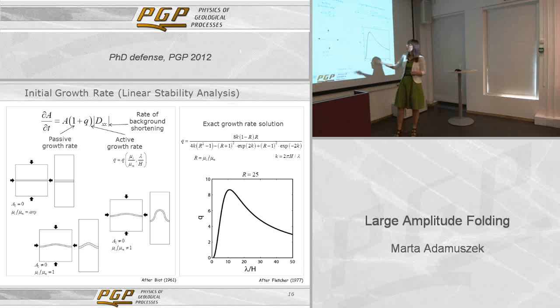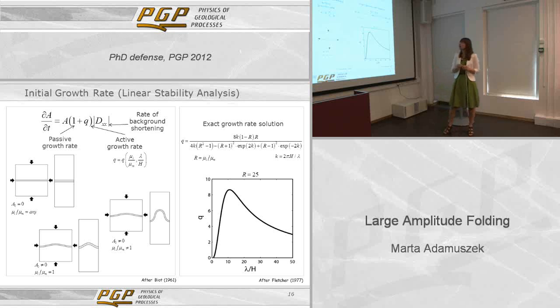It means that if we don't have any perturbation imposed on the layer, during the shortening the layer would only thicken and shorten. The first term in this equation refers to the passive growth rate. Passive growth rate occurs when the viscosity ratio between layer and matrix is equal to 1.